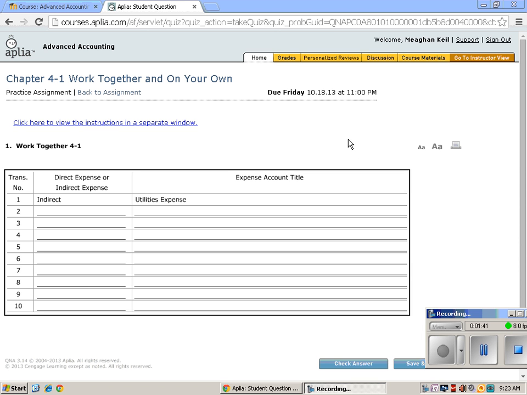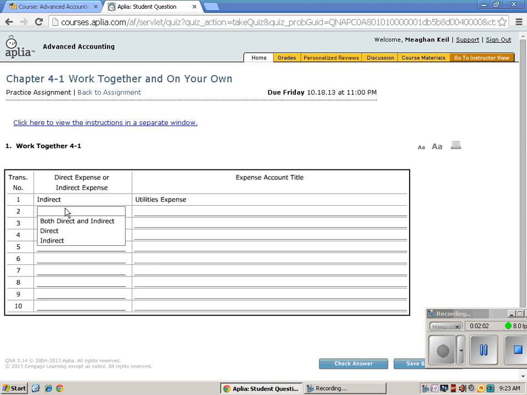So the first one, we paid cash for a utilities bill. That's going to be an indirect expense because we all need that electricity, water, whatnot, and our account title will be utilities expense. Number 2, paid cash for advertising in a craft fair program. The ad was prepared by the craft department and includes craft products only. So this is just for the craft.